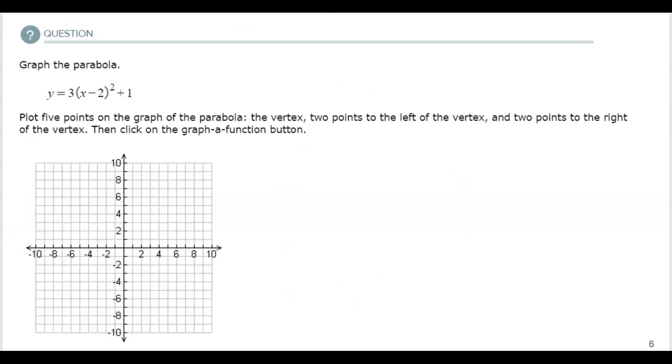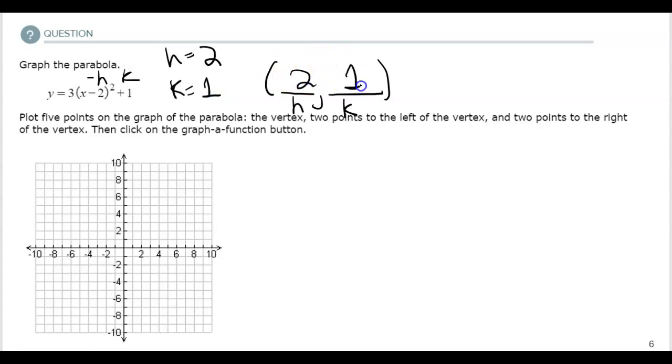Okay, I want you to pause the screen and try this one on your own. I will walk through it, but I want you to try to identify h and k from this. And then you'll have your vertex. So my negative h is -2, which makes my h 2, and my k is 1.